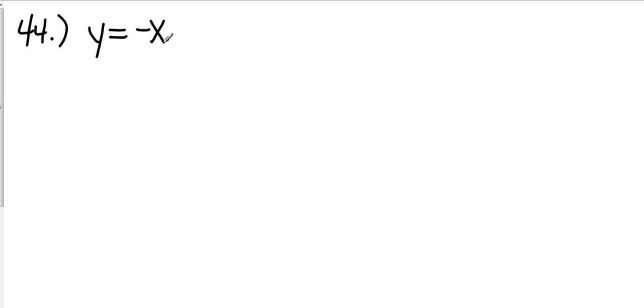Excuse me, this is all jumbled together. Y equals negative x plus 6. Now, how do we get there? Let's take the points 3, 3, and 7, negative 1.